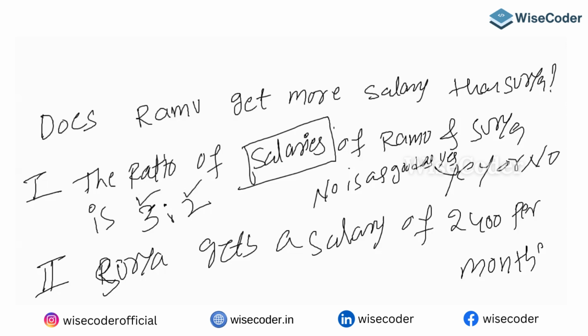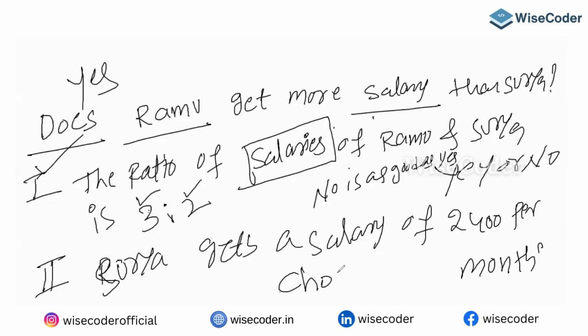So 3 is to 2, Ramu will get 3 parts, and Surya will get 2 parts. So does Ramu get more salary than Surya? Your answer is yes, from statement one alone. Your answer is choice 1.